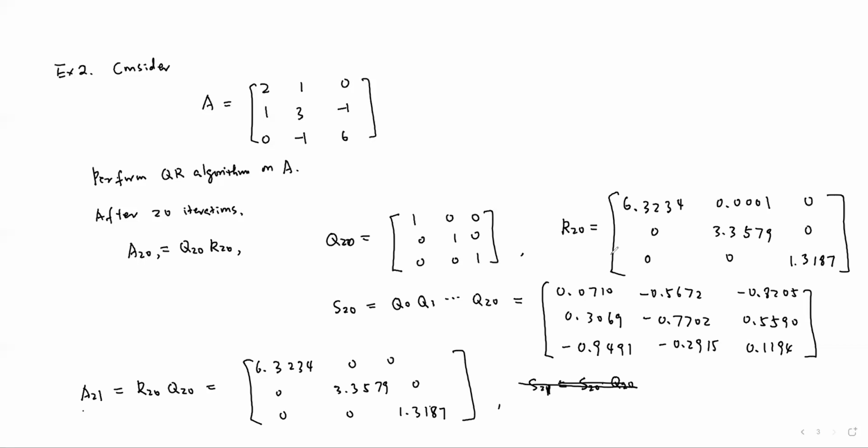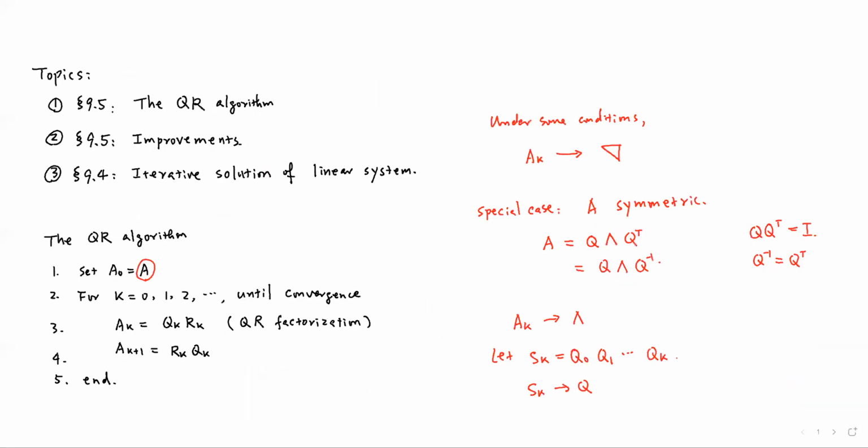This is topic one. Second topic, some improvements. In practice, this QR algorithm actually has many problems. For example, in each iteration, we need to perform a QR factorization. But this step is very expensive in computational cost.